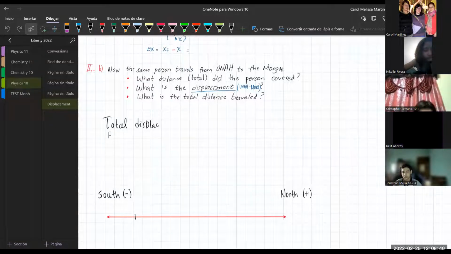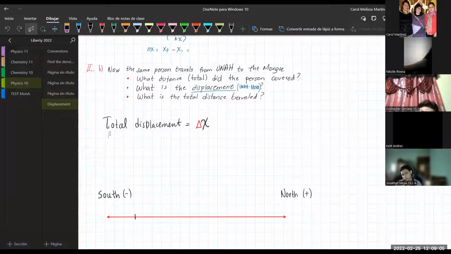For the total displacement, when we talk about displacement, we're going to refer to it as delta, which is the Greek letter delta that expresses changes, and we're going to use x. Delta x represents displacement.